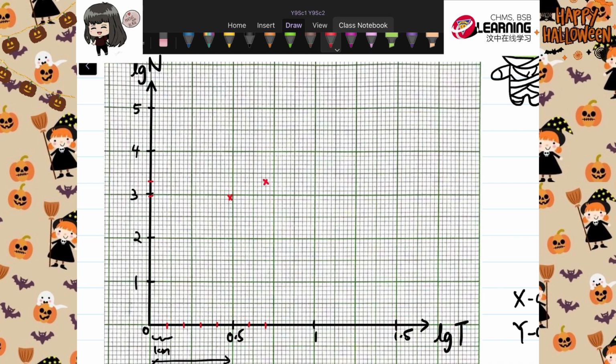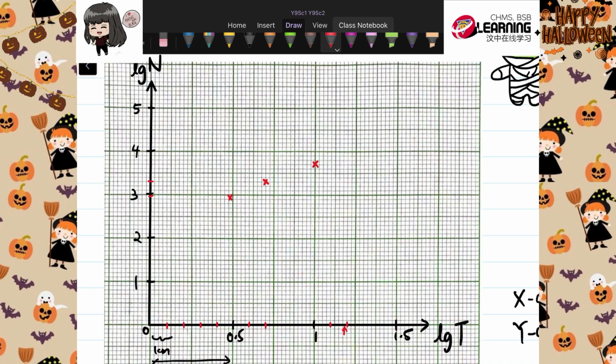You plot properly, and then if you draw the line and it's not a straight line, there's something wrong with your graph already. Okay, 1 and 3.7 is here. 1.1, 1.2, 1.18 is somewhere near to 1.2.